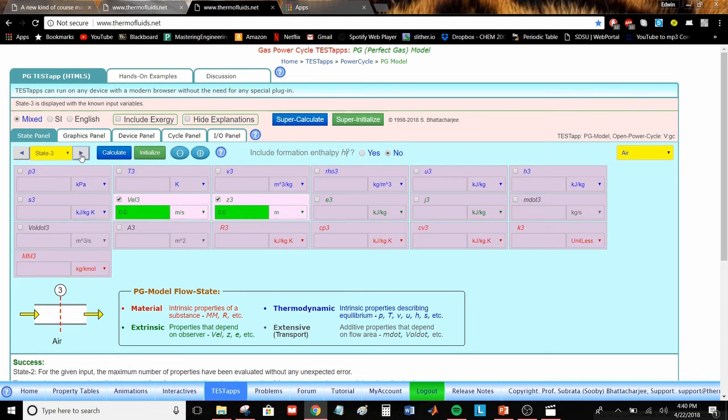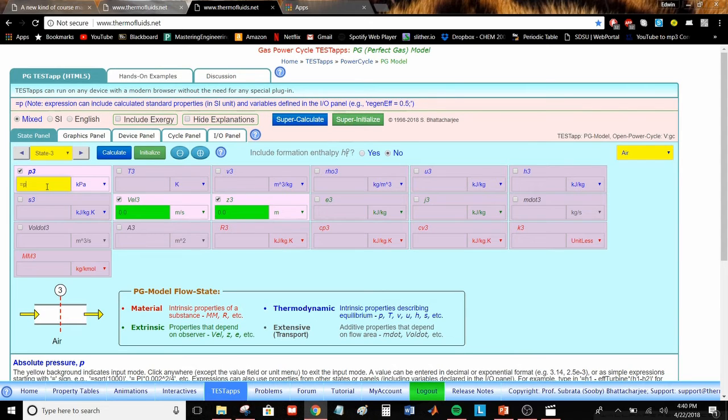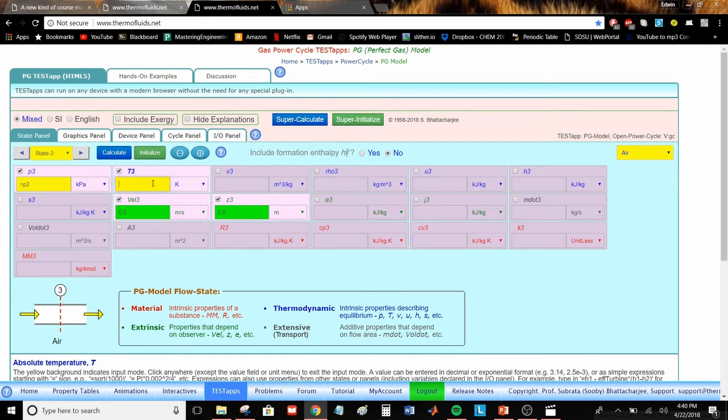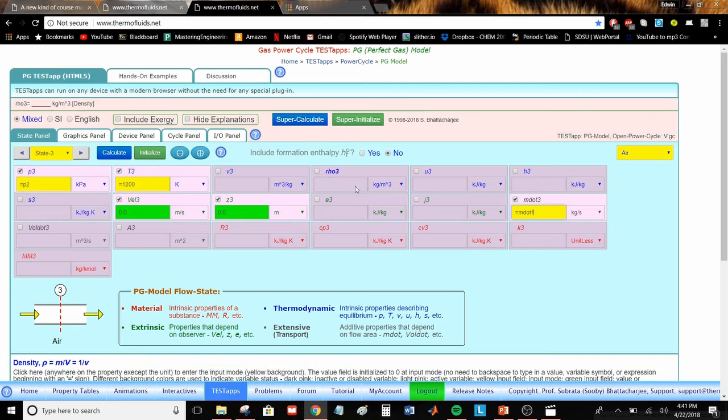Now after the combustion chamber, pressure 3 is the same as the pressure in state 2. The maximum temperature is achieved in this state, which was given as 1200 Kelvin, and mass flow rate is also the same as the first state.